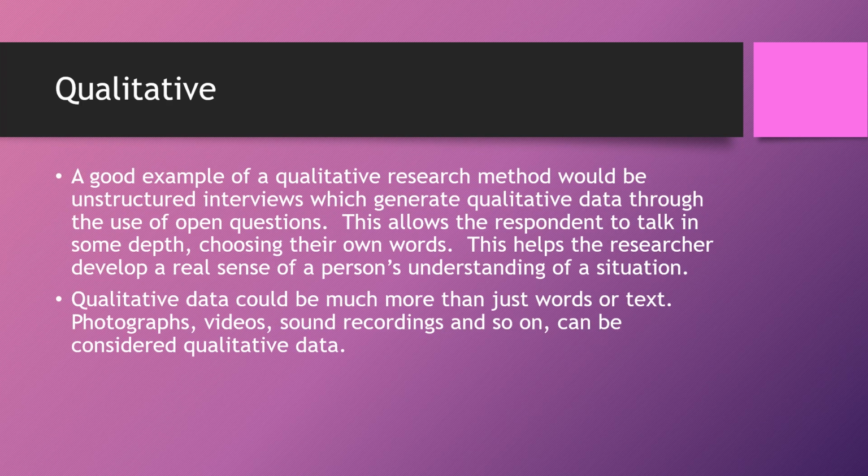When it comes to the self-report data that we're looking at in social psychology, a good example of qualitative research is the use of unstructured interviews. Now, this starts with open questions. You may have one or two planned out that you might want to talk about, but it allows the respondent to give depth and detail in their own way in answer to that question, and the researcher is then able to pick out from their answers something that they might find interesting.